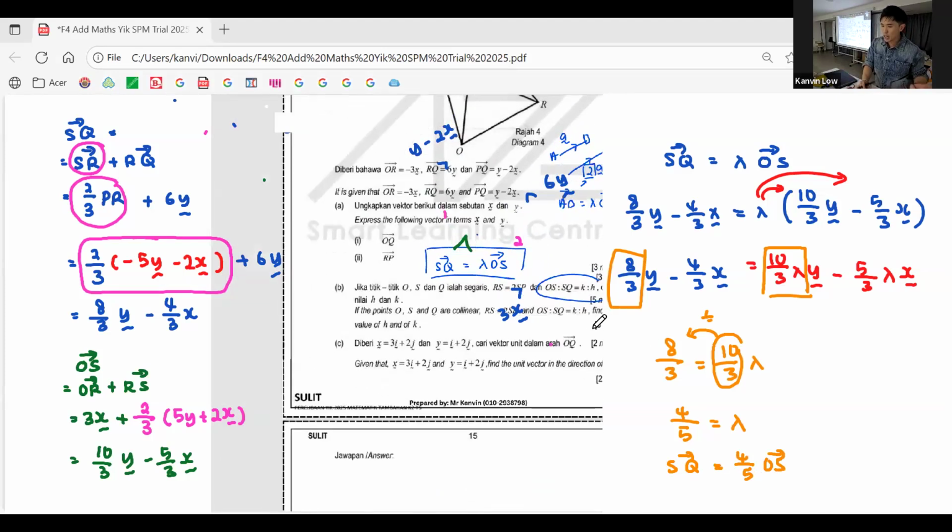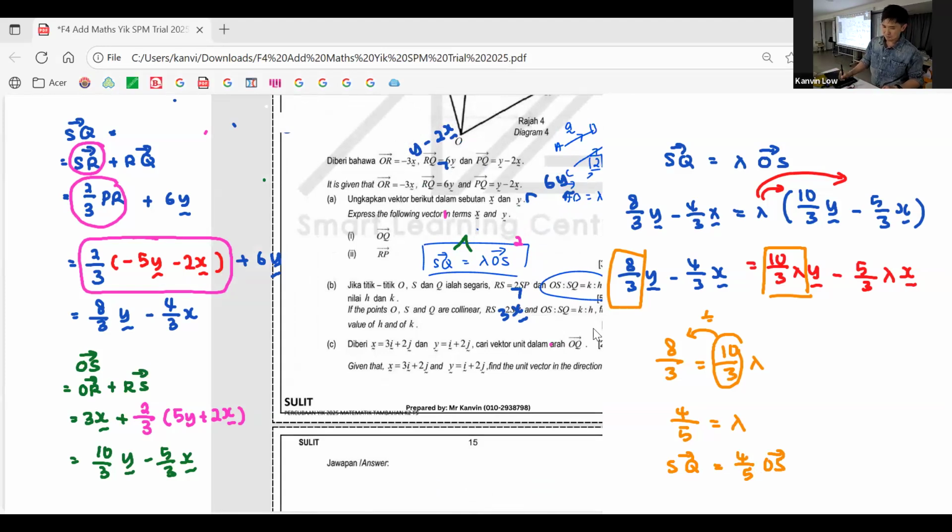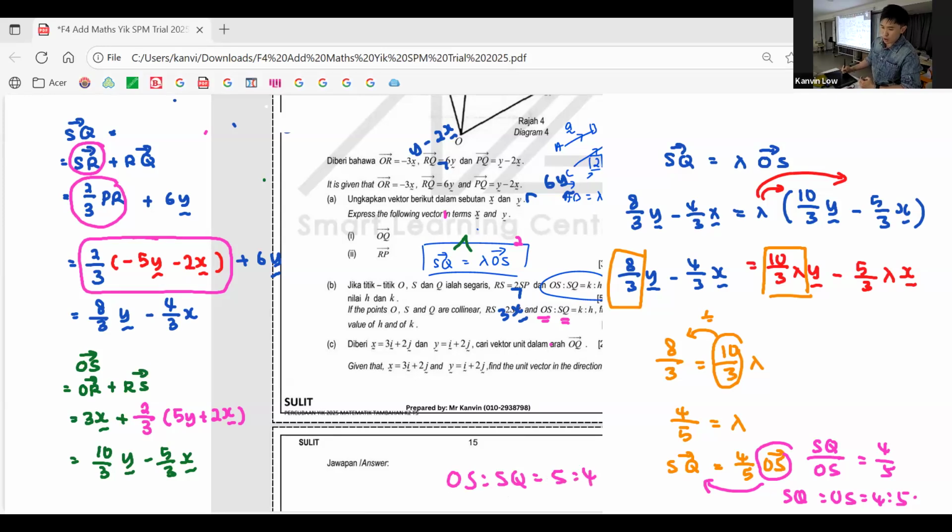OS to SQ is equal to K to H. So if I move this one to the left, it will become SQ over OS is equal to 4 over 5. So meaning to say SQ to OS is equal to 4 to 5. But guys, I want OS to SQ. So OS to SQ is 5 to 4. So H is equal to 4 and K is equal to 5.